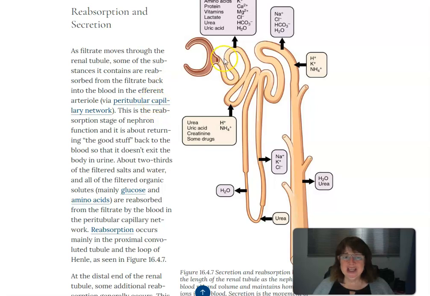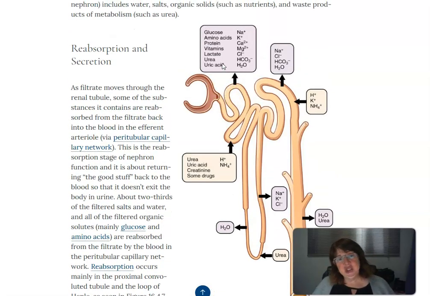Once the filtrate gets to the proximal convoluted tubule, the sodium will be pumped, and in the process of pumping, all these other things will be removed too. The glucose will leave the filtrate and go back.